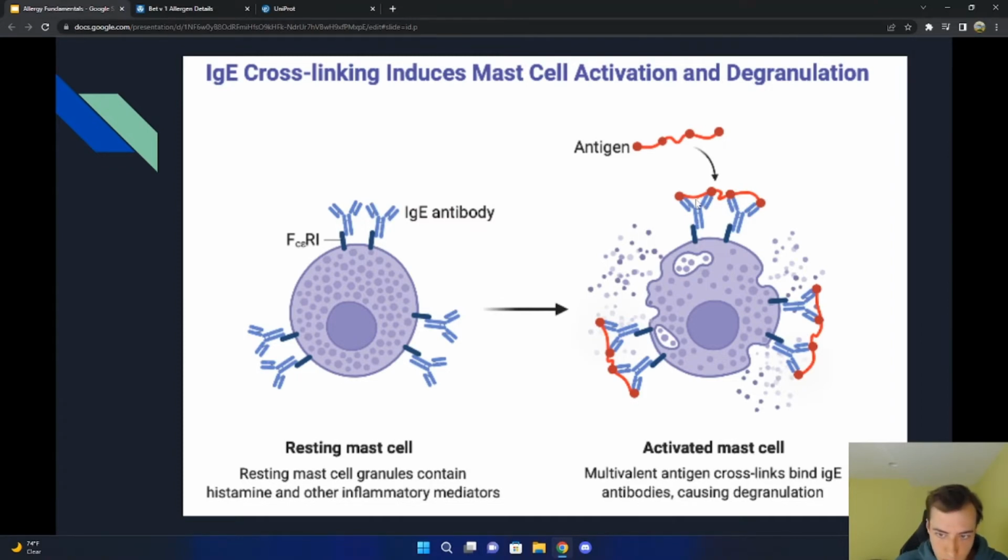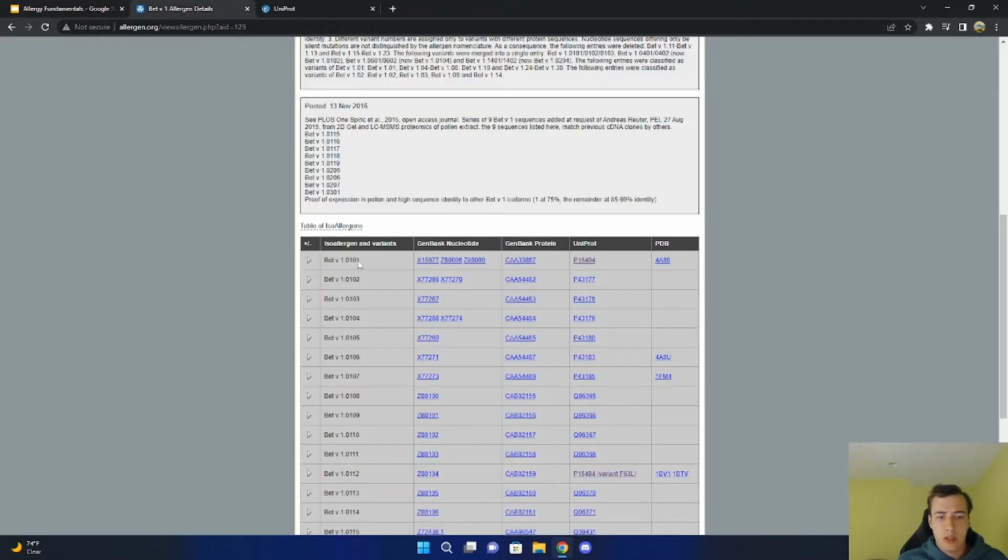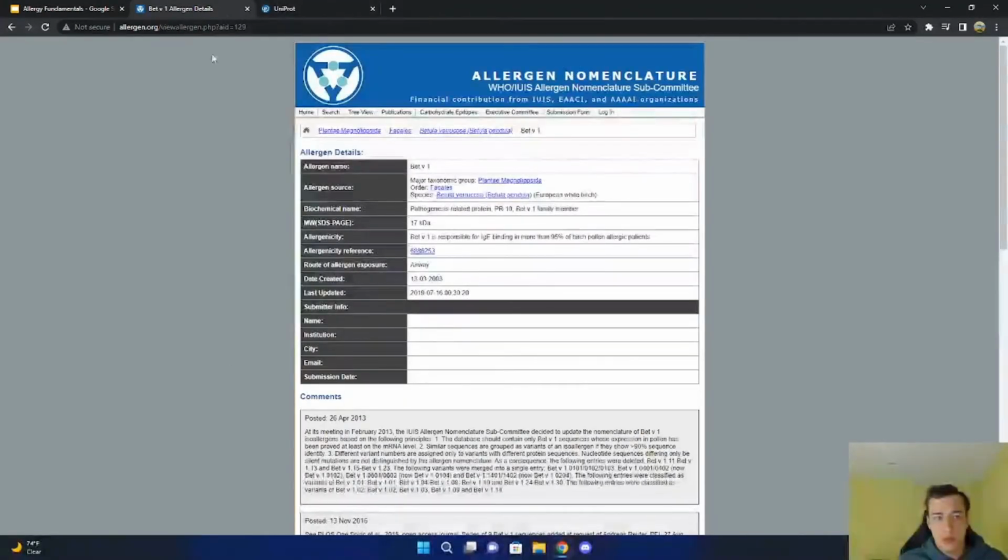Your antibodies are geared against this protein, and it releases and it causes an allergic reaction, allergy. We can look at another listing, peanut, for example.